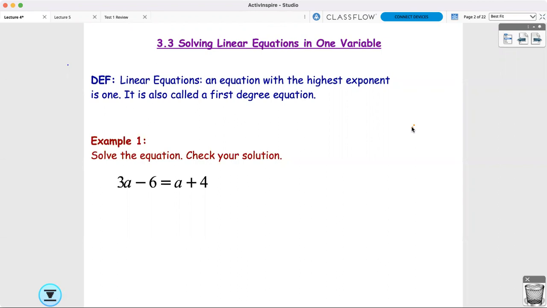So, let me get my pen ready. 1 second. Oh, interesting.